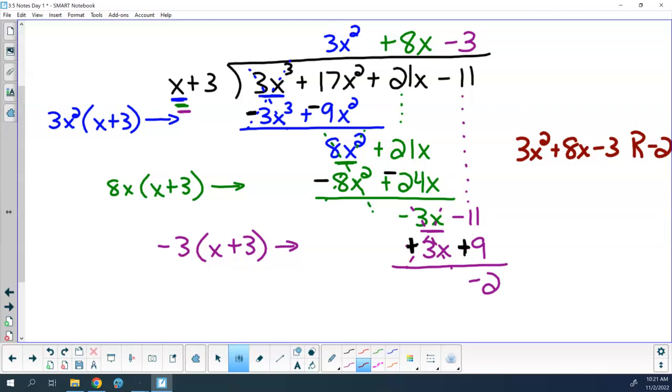But if we need to write it in polynomial form, which 9 out of 10 of your answers in this kind of a problem are going to be written in polynomial form, we're going to write it as 3x squared plus 8x minus 3 plus negative 2 over x plus 3.